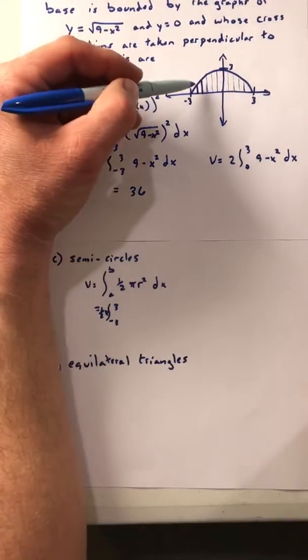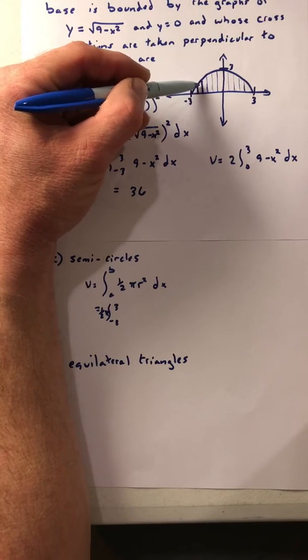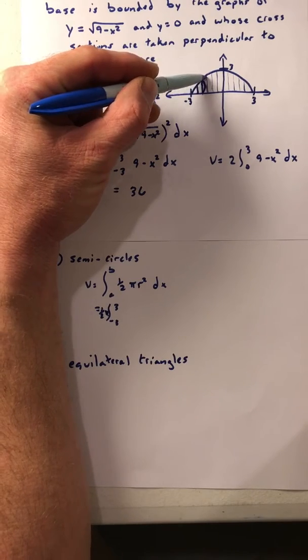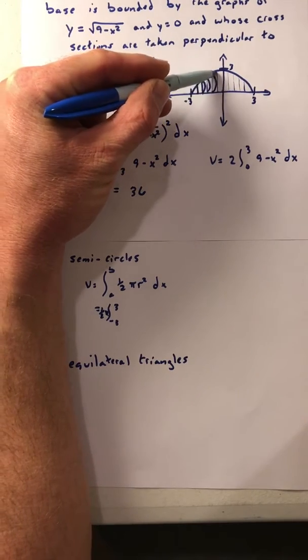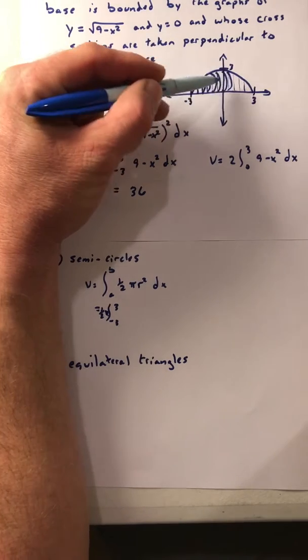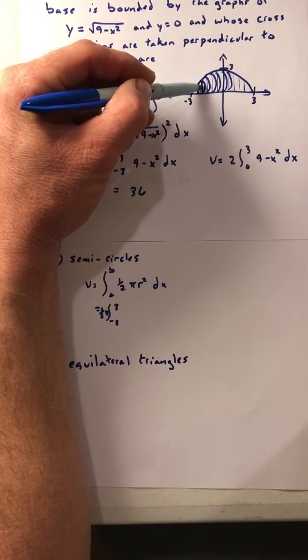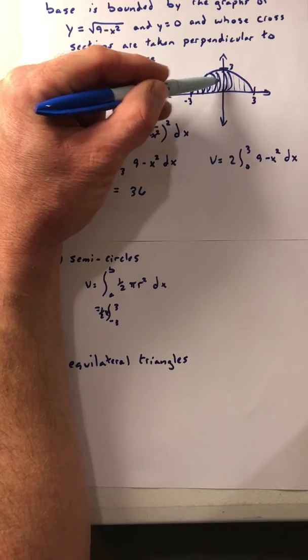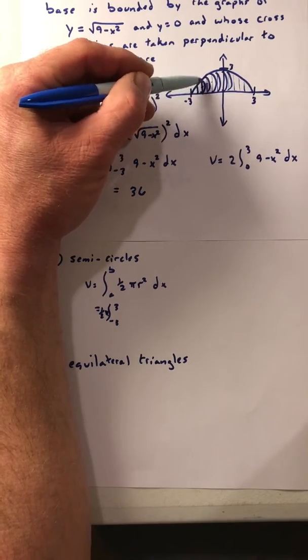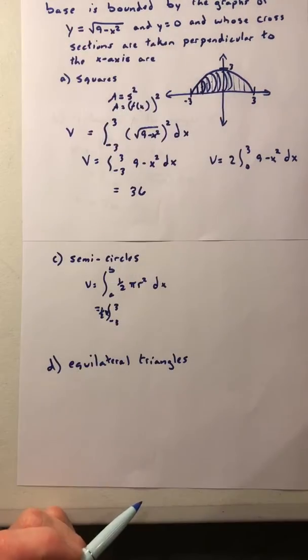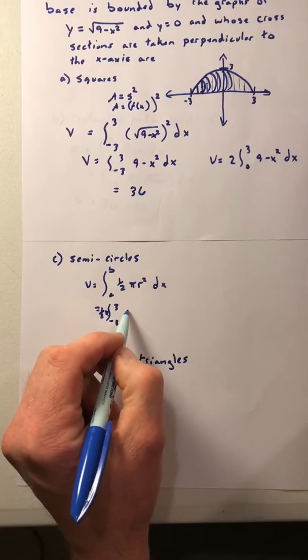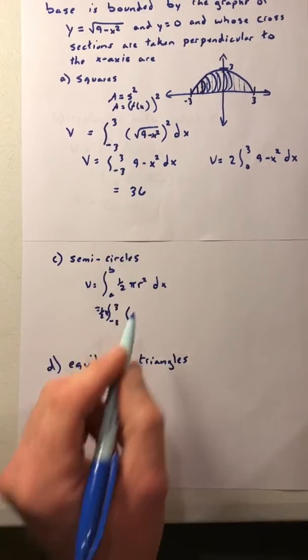So we have 1/2 pi integration from -3 to 3 of our radius. Well, what is our radius now? If I create a semicircle there on top of each of these, then I need to know what the radius is. The radius is going to be half of the distance from the x-axis up to that graph. So what I've got to do is take half of f of x.